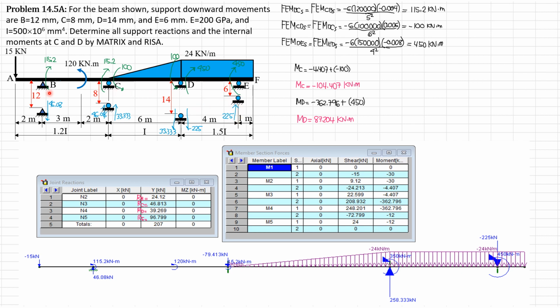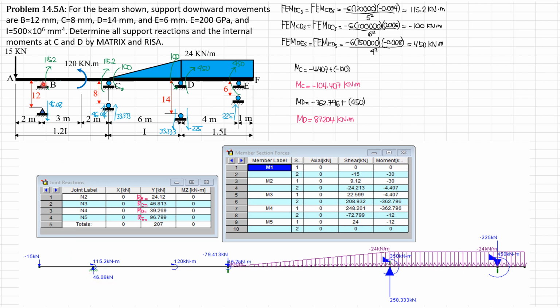Then for the net loading, remember these are fixed forces, so the loading would be opposite. That's why, because this is a fixed force, we have to apply upward, opposite to this, 46.08 kilonewtons upward at this support B here.